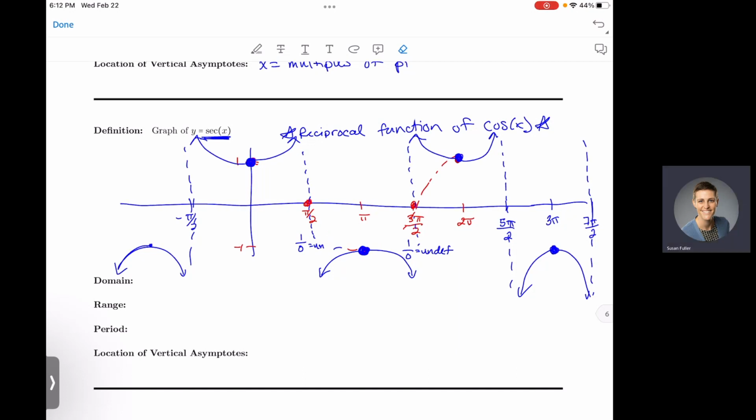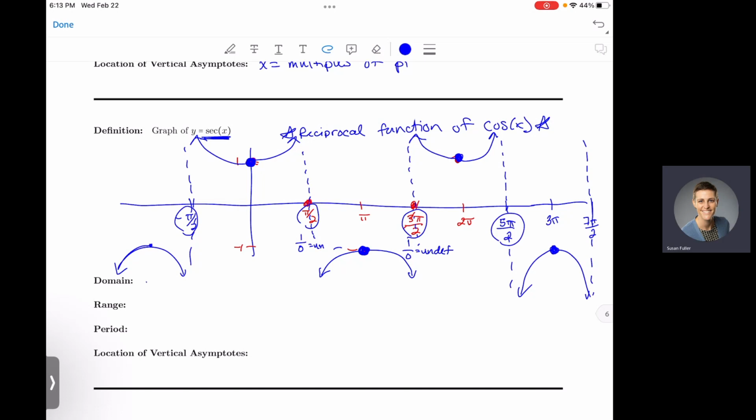Just going to get rid of some of that dotted line so you can see the secant function on its own. So that's what secant looks like. What's the domain of this function? What can x be? Well, it's anything except for these places where my asymptotes are.